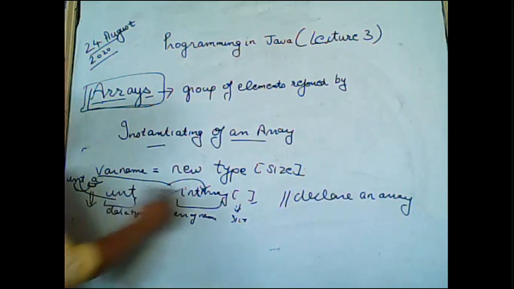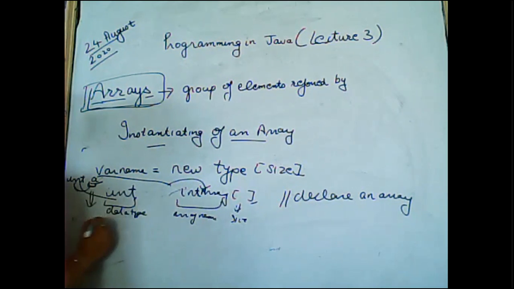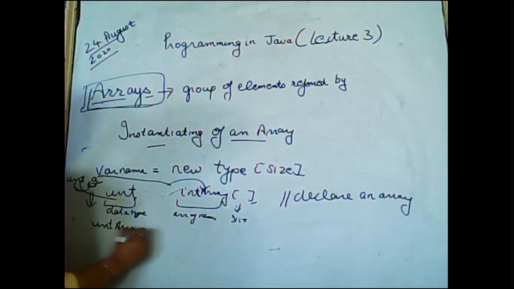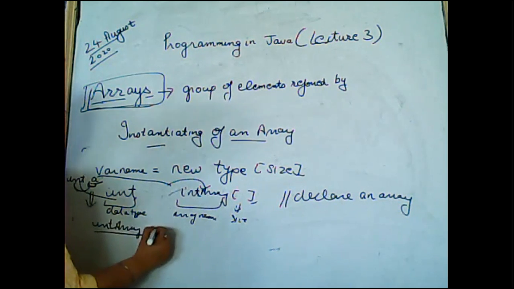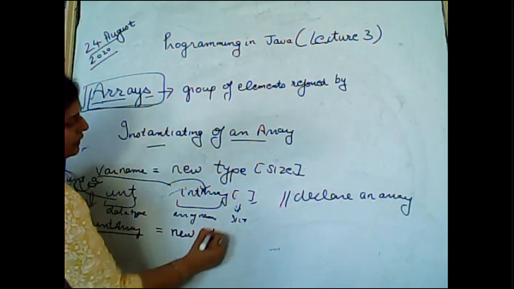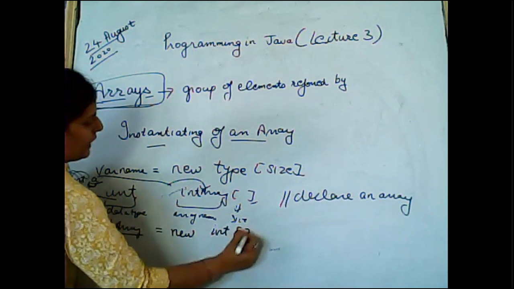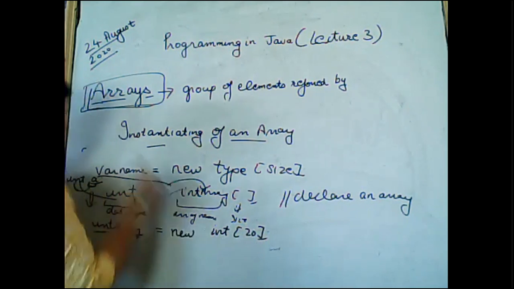Next, this was the declaration of that particular array. Next we have int array. So what is this int array? This is the name of that particular array. Clear? So we have int array, new int, and I will define the size over here.